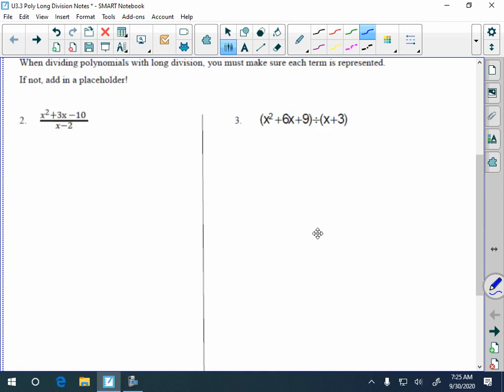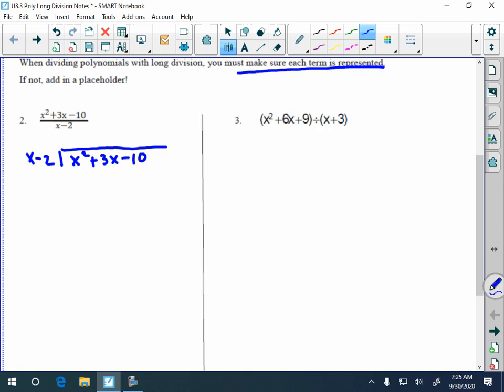So we'll do the x minus 2 on the outside, and then the x squared plus 3x minus 10 on the inside. All right, now we want to look at our polynomials, both the outside one and the inside one, and make sure that each term is represented.